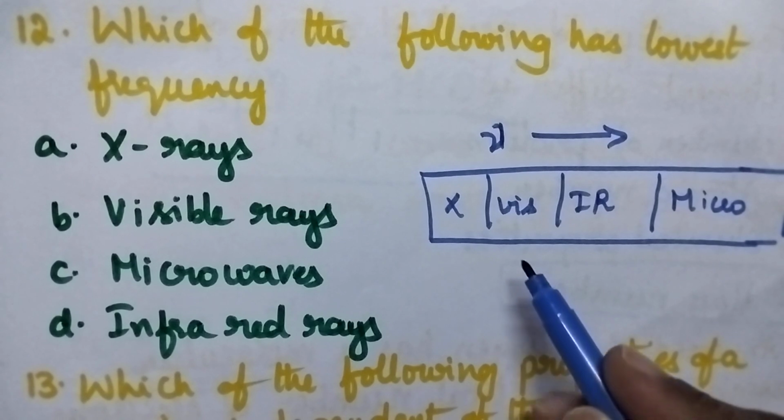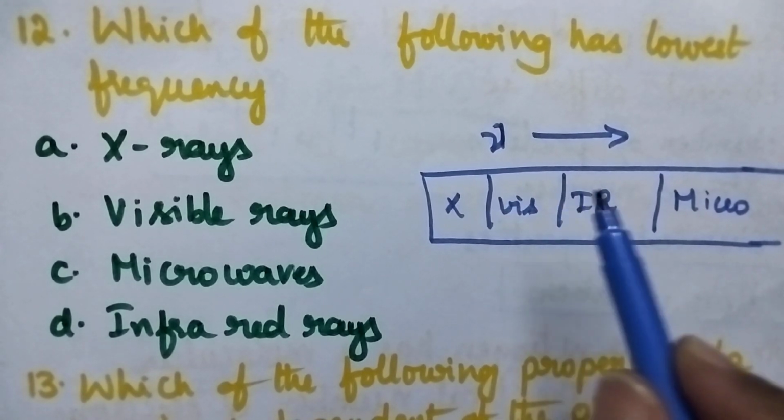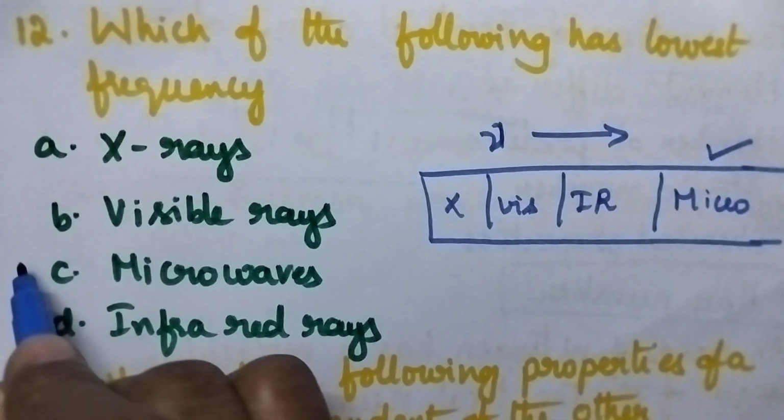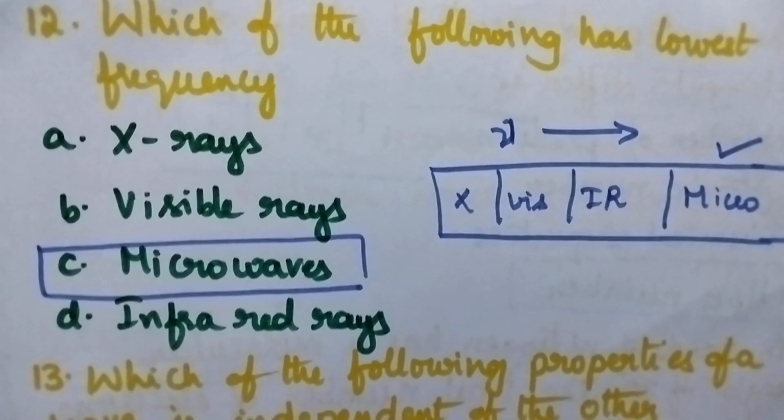So we have to find the electromagnetic radiation with the lowest frequency, and hence it is microwave. So option C is the right answer.